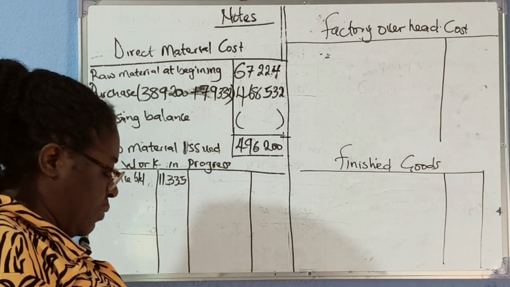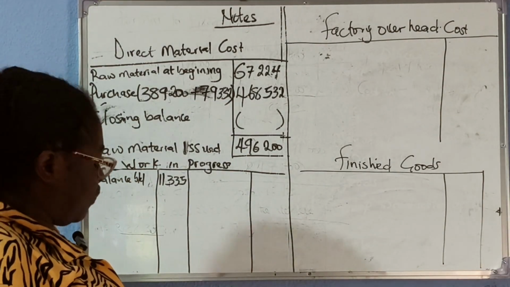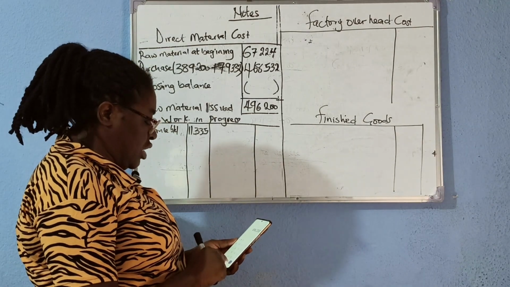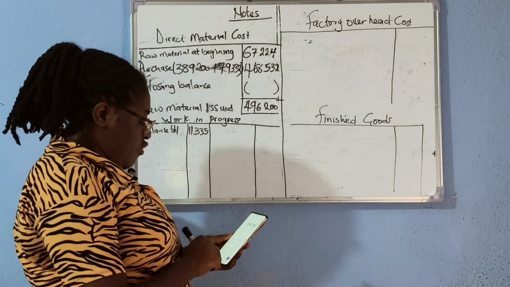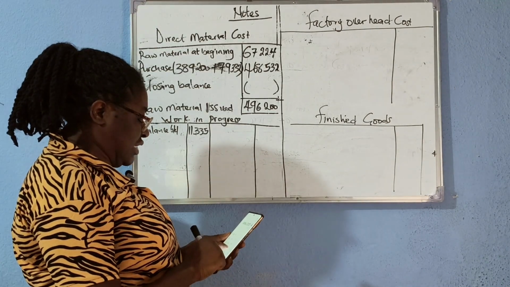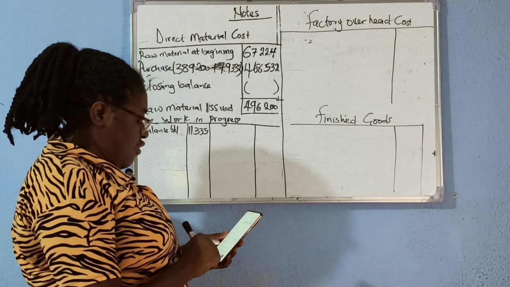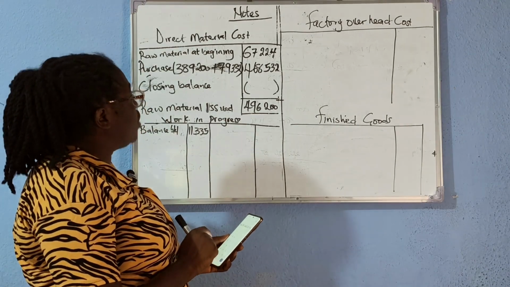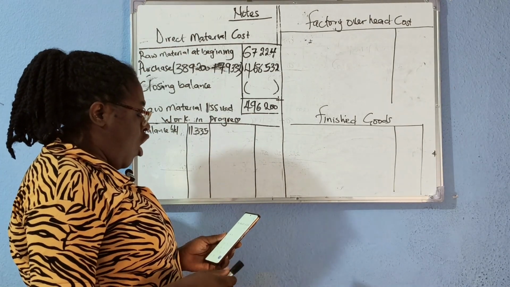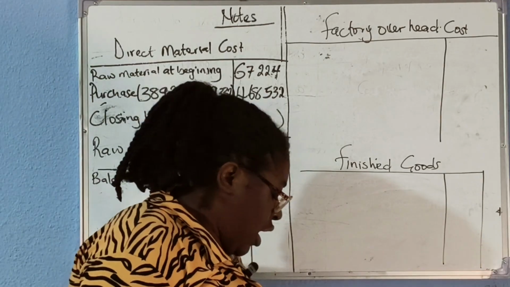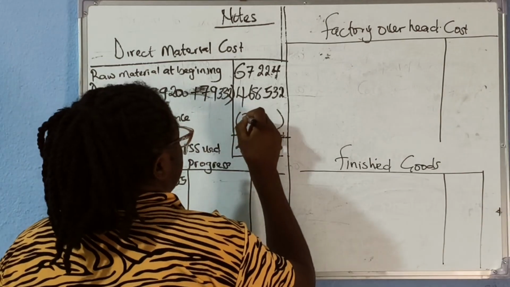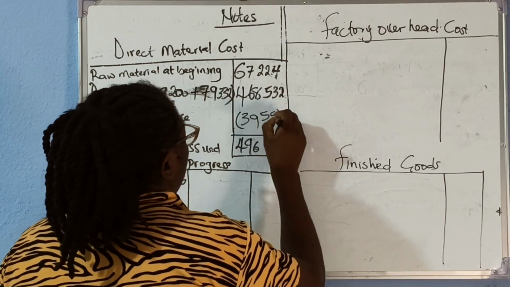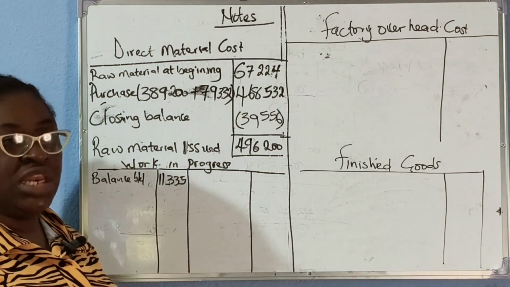It will be 496,200 minus 468,532 and minus 67,224. Of course, I will get a negative 39,556, which happens to be my closing balance.